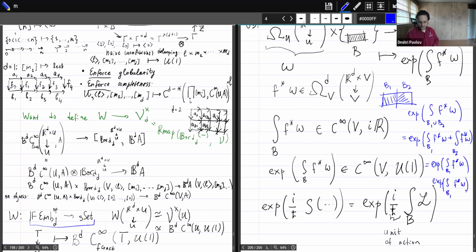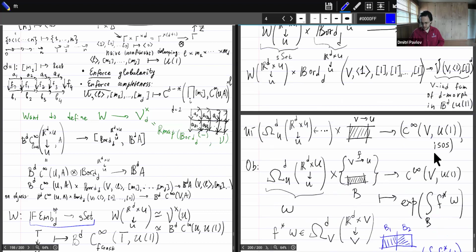So altogether, you see precisely the composition of bordisms is mapped to the composition in this category.